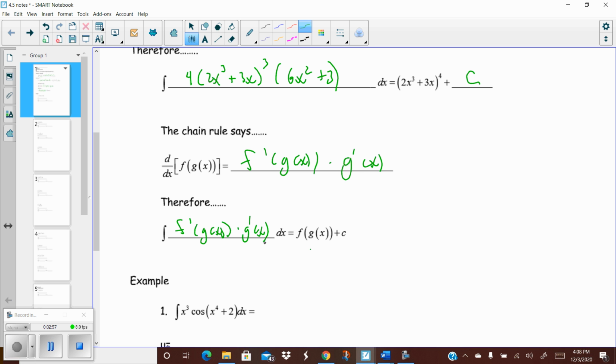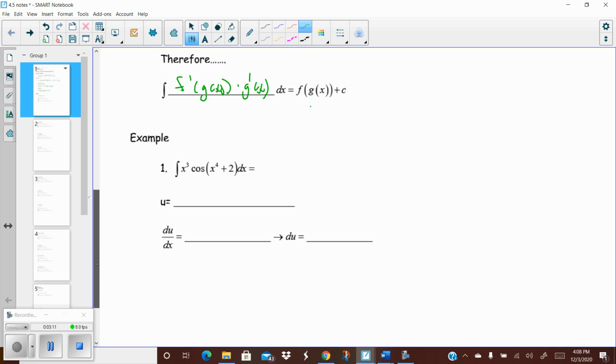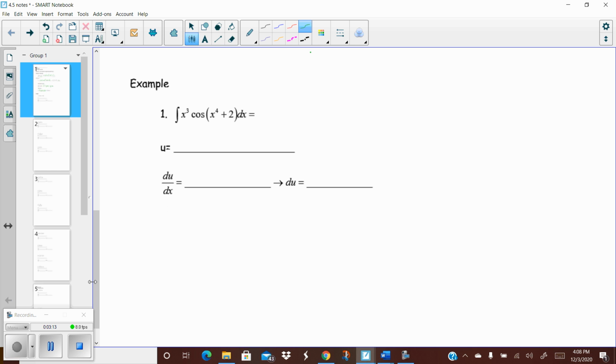All right, so the question is, how do we do this? If we don't already know the original function, how do we actually get back to it? That's what I'm going to teach you now, and it's called the substitution method. So in our example, I'm going to substitute a variable u in for x to the fourth plus 2.